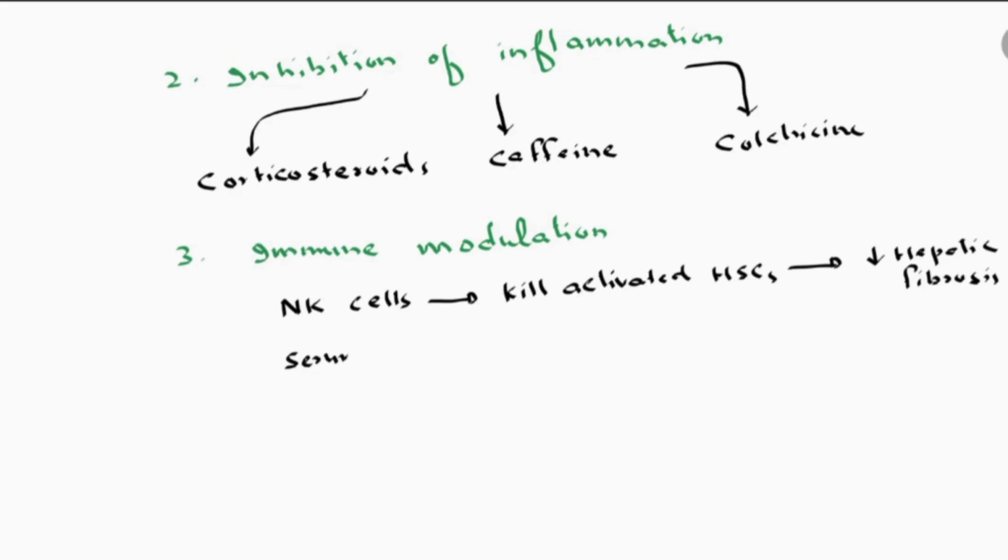Serum amyloid P is a galectin 3 antagonist. When there is a decrease in macrophage activation, it leads to decreased hepatic stellate cell activation.